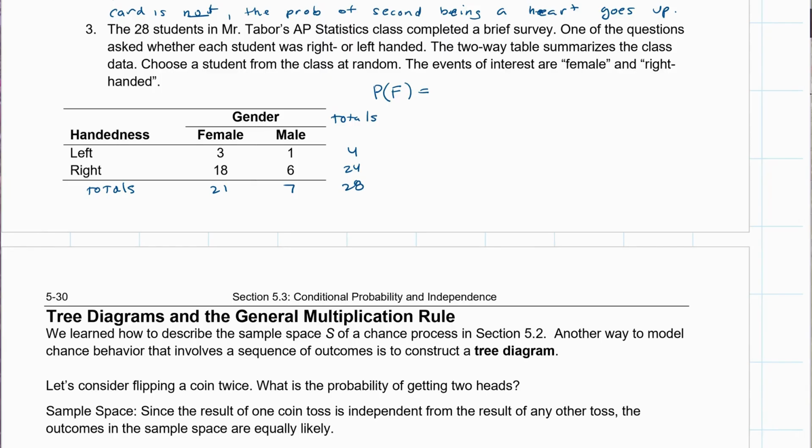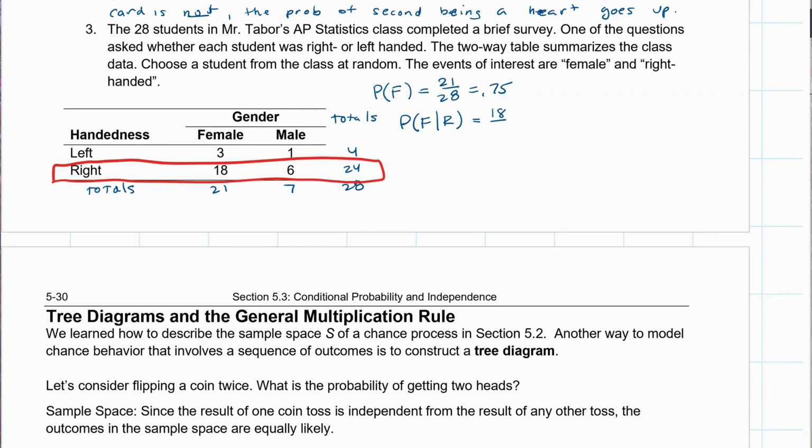So the probability of being female is 21 out of 28, which ends up being 0.75. The probability of being female, given that you are right-handed, and again, I'm just going to highlight the right-handed row to signify that we're only working within that row, would be 18 out of 24, which ends up being 0.75 as well.